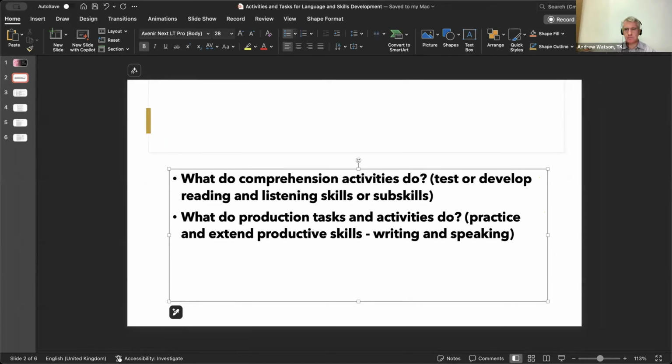So, here's a list of important terms that you're going to need for this section. Please check in the chat and download it.